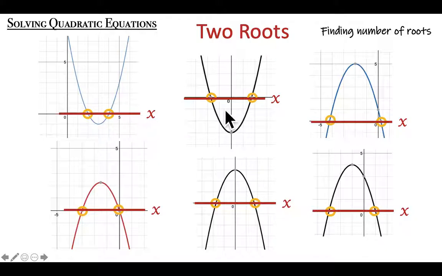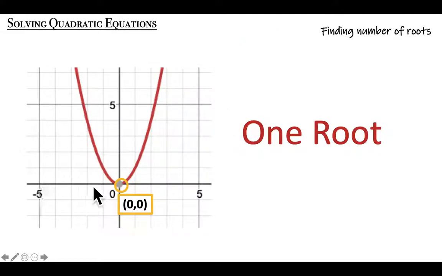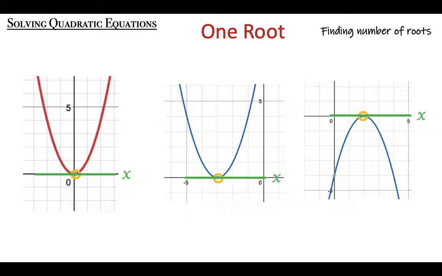There were 2 solutions. We can also have 1 root. For example, on this one, where this parabola is just sitting right on the x-axis at the point 0, 0, this would have 1 root. Here are more examples of quadratic equations that would have 1 root.